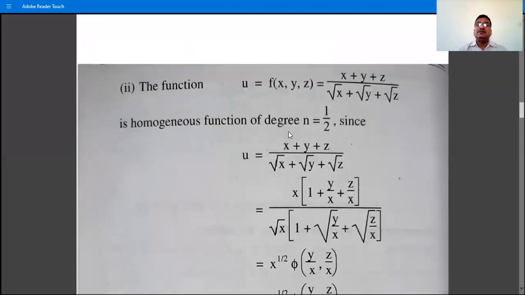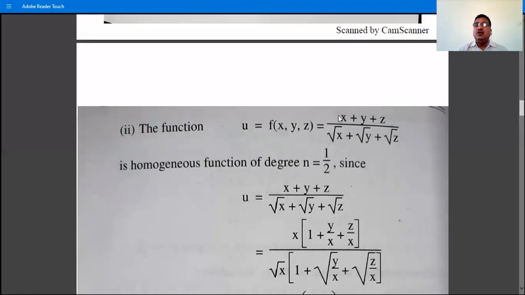So this is another example of three variables: u or f(x, y, z) is x plus y plus z divided by root x plus root y plus root z. If you observe, the numerator is a homogeneous function of degree 1, and the denominator is a homogeneous function of degree half, and therefore the degree of this total function is 1 minus 1 half, that is 1 half.